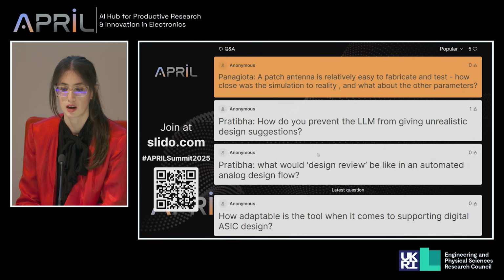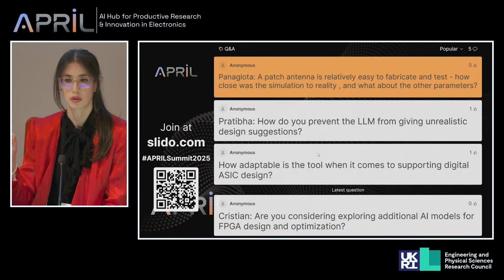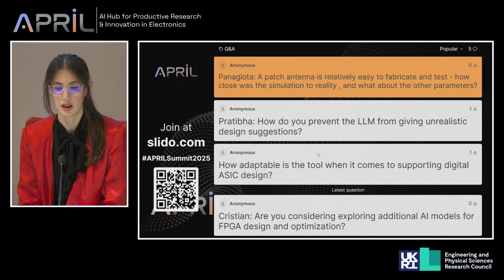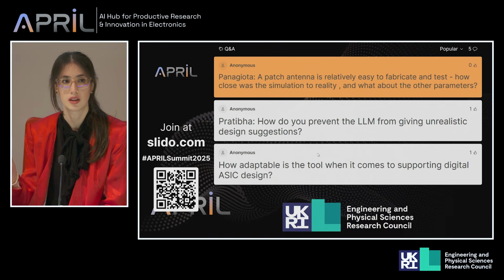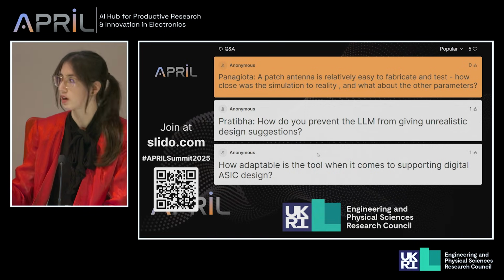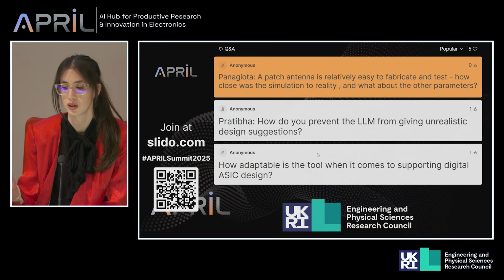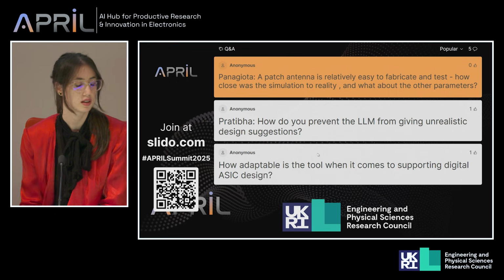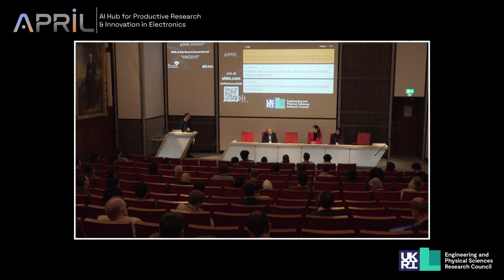There are parameters, for example, the length and the width of the feed line and the patch, that need to be considered when it's for fabrication, because some widths may not be properly fabricated if they're too small, for example. So when and if we reach that stage, this should be taken into account. Okay. Thank you.